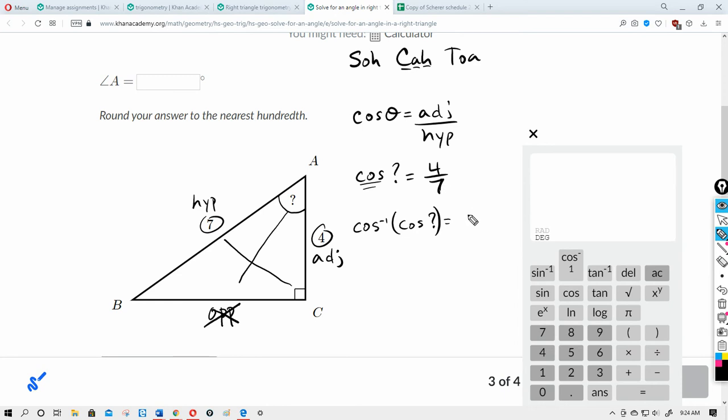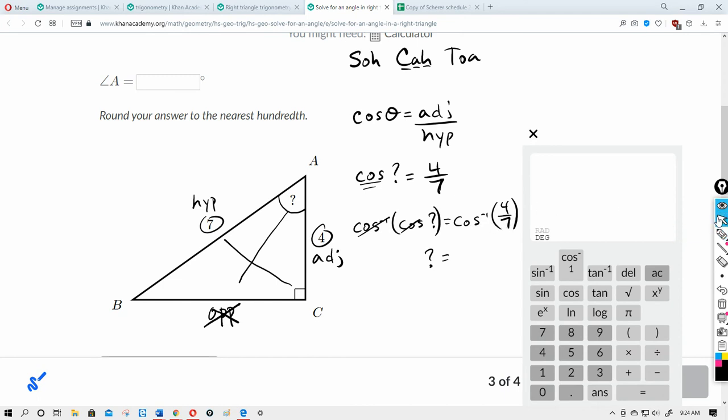And on the right, inverse cosine of 4 over 7. On the left, the cosine and the inverse cosine cancel. And we're left with the question mark equals inverse cosine of 4 over 7.